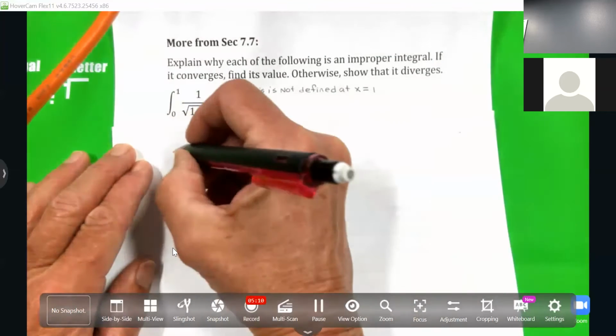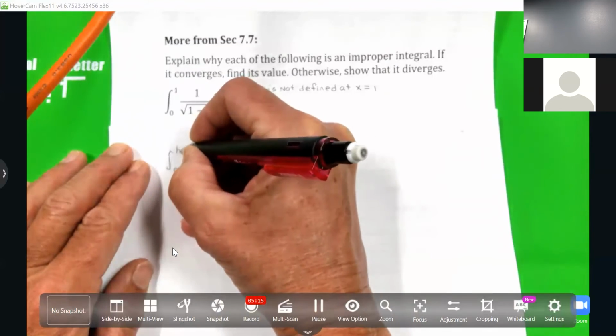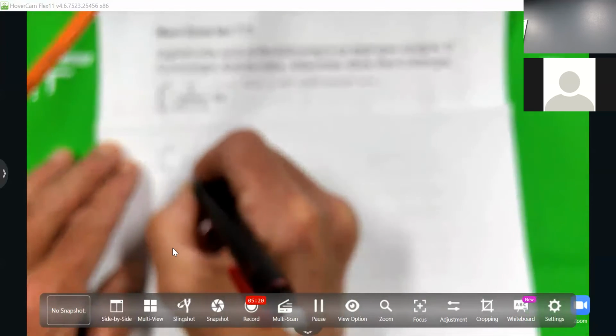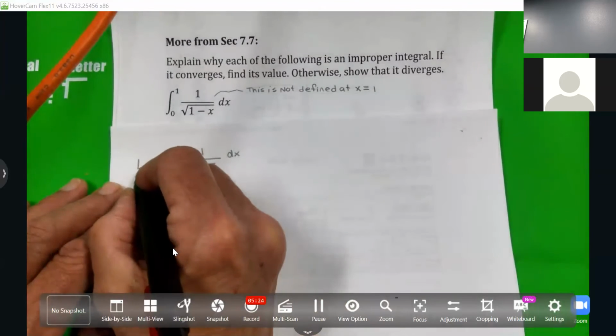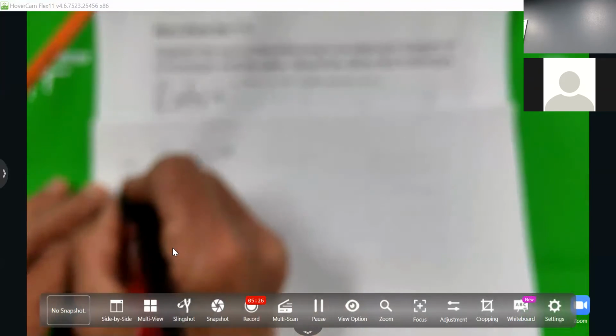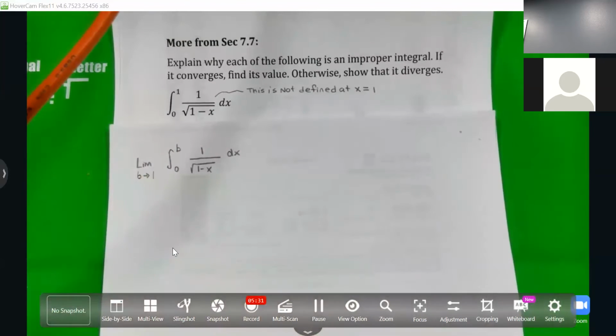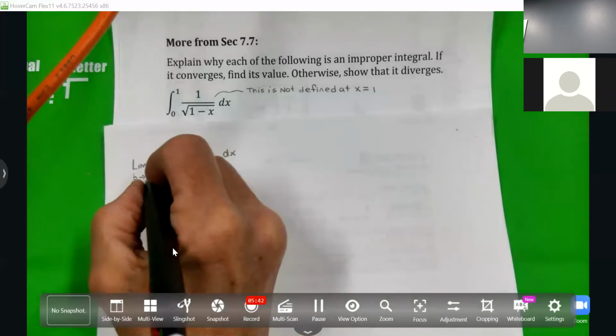So we rearrange the integral so that it looks, say, from 0 to b of 1 over the square root of 1 minus x dx. And then when we calculate that integral, we'll get the antiderivative, and then we'll let b approach 1. I'm coming into 1 from the 0 side. So really that's the limit as I go into 1 from the left.